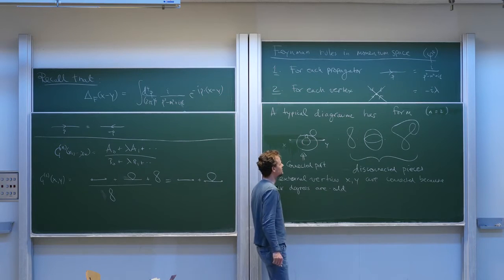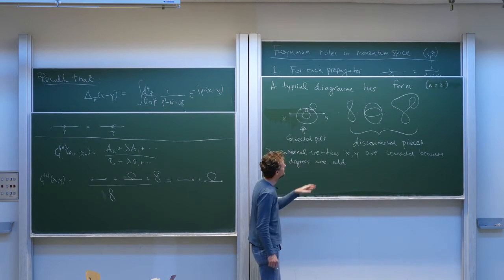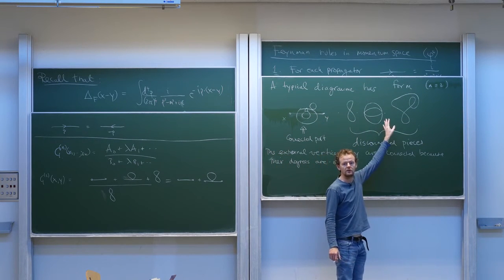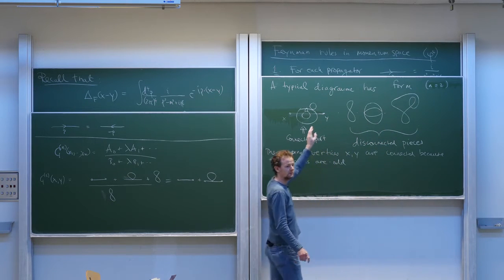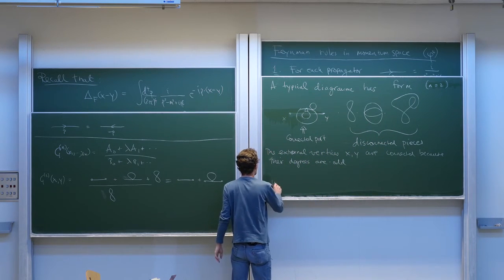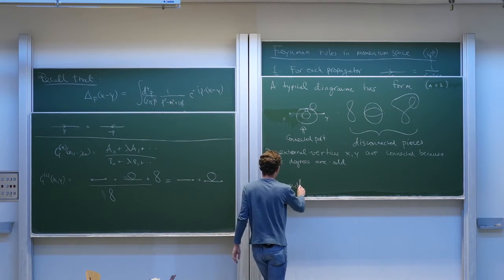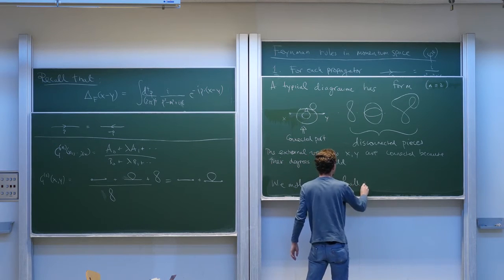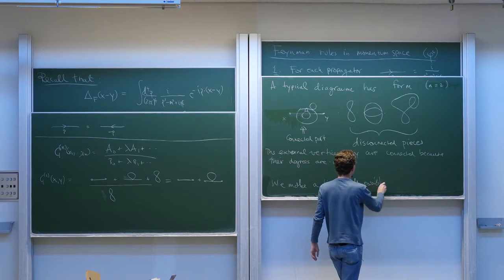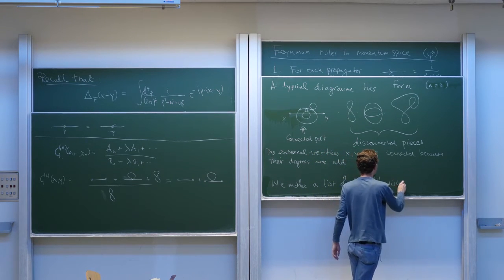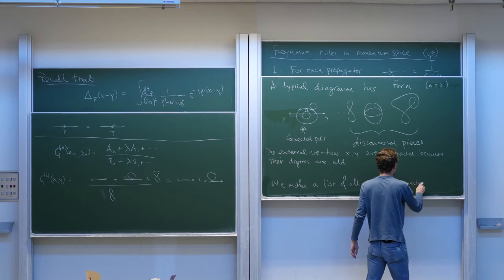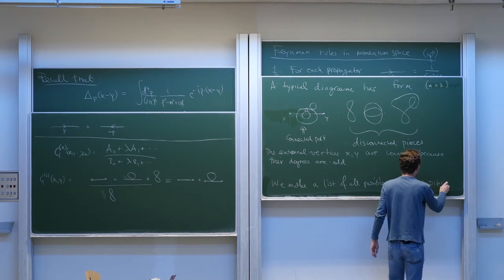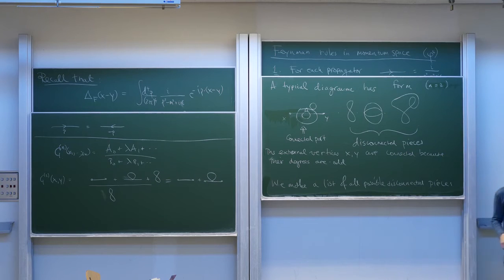It's these disconnected pieces that are the troublesome ones. What we're going to do is make a list of all possible disconnected pieces up to planar isotopy.